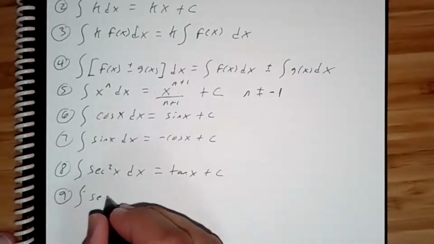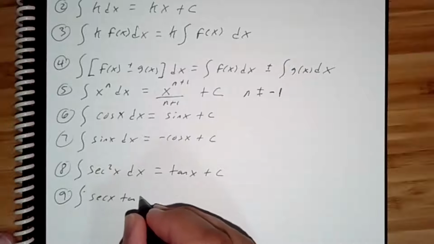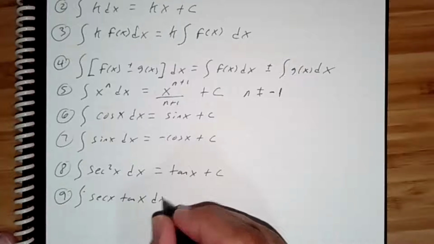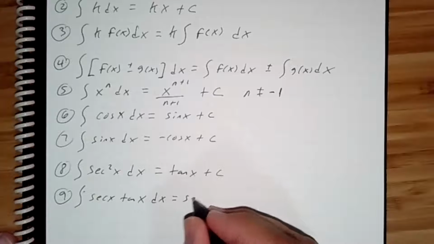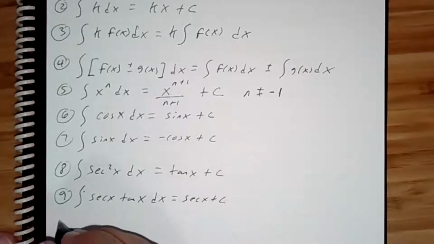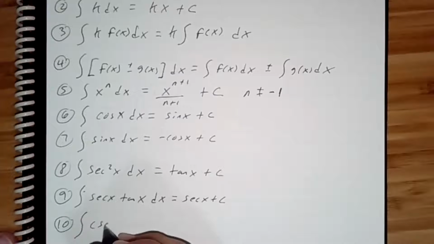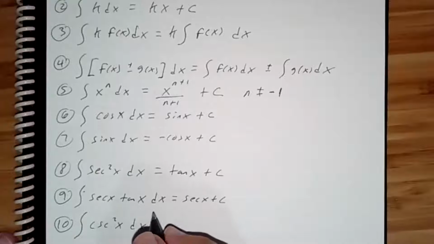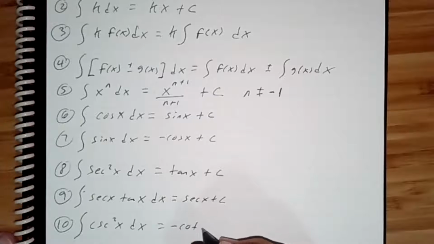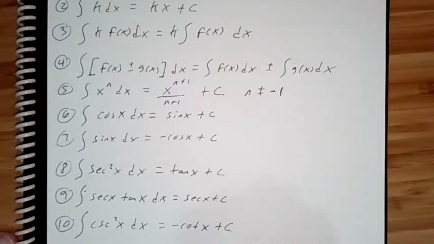Integral of secant x tangent x dx is equal to secant x plus c. Yeah, the integral of cosecant squared is equal to negative cotangent.